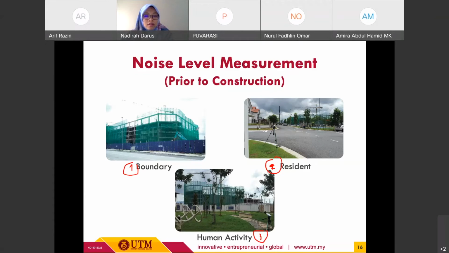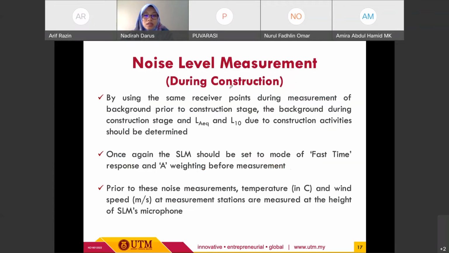Next stage during the construction, similarly, just now I already mentioned some of these sub-content or description. Using the same receiver point, kita reconduct the measurement once the construction start. So kita boleh tengoklah dia punya increment ataupun dia punya effect before and during the construction. So in terms of the monitoring, we can monitor the current or the latest noise level.